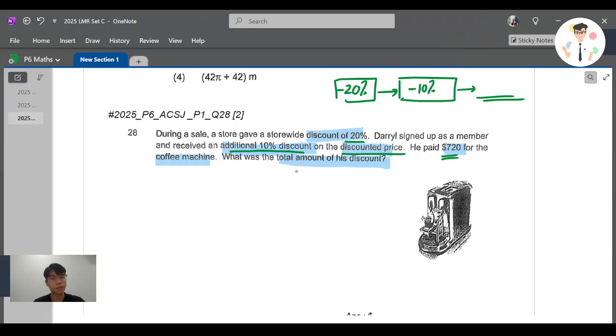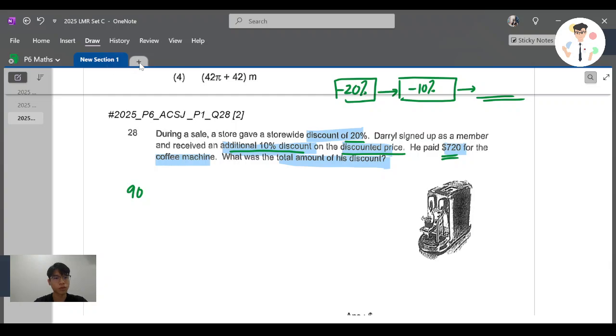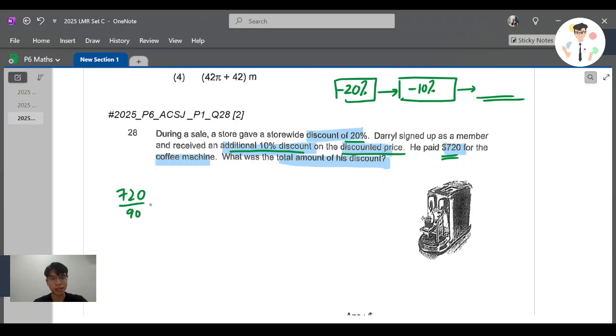That is 10% off the discounted price, which means you actually pay 90% of the discounted price. So what you are supposed to do is 720 divided by 90 times 100, because this is 90% of the discounted price. If you times 100, you find the discounted price.